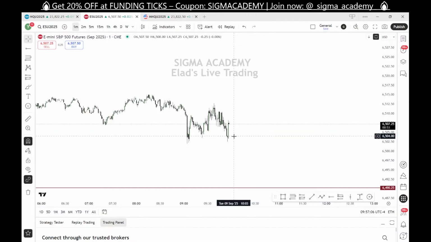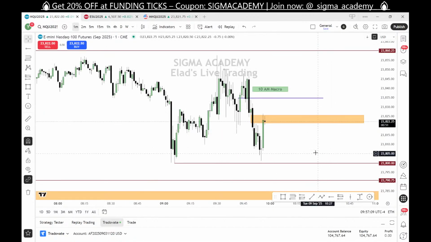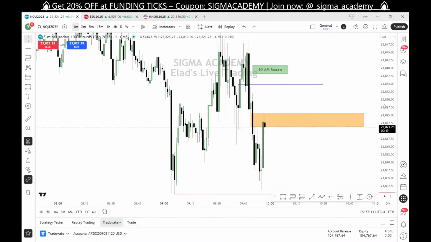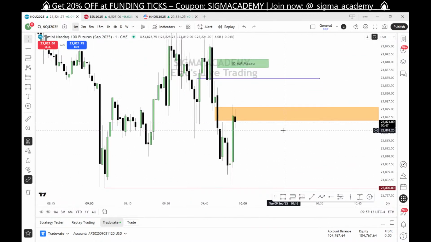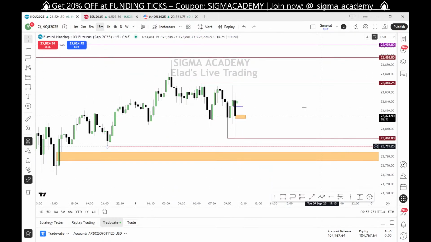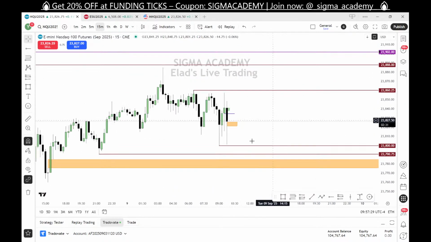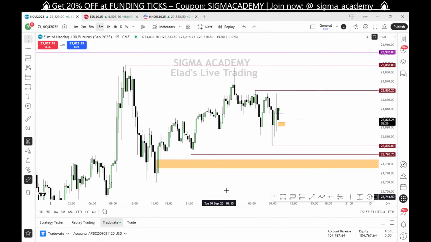No. What I want to see is any manipulation to the downside, and then we have a strong force to go higher to those equal highs.